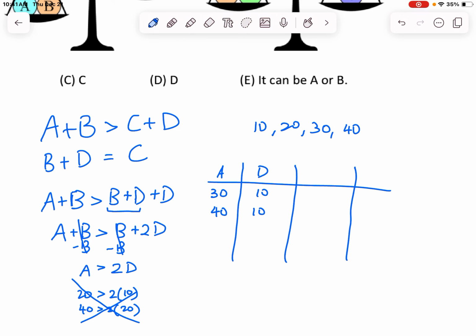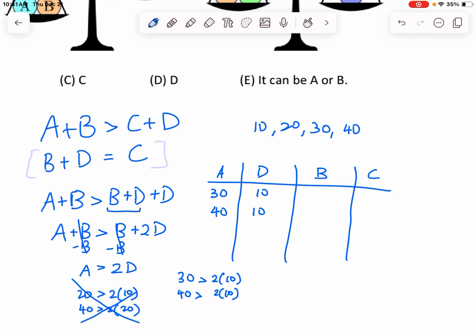So, if I have 30 and 10, then I would have 30 is greater than 2 times 10, which is true, and 40 is greater than 2 times 10, which is also true. So those are my 2 possible combinations. Now I'm going to try matching these up with possible values of B and C using this equation.